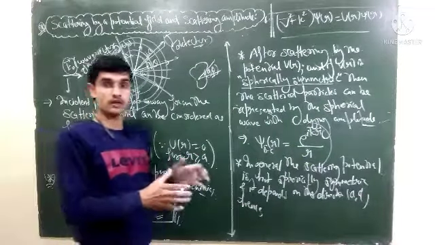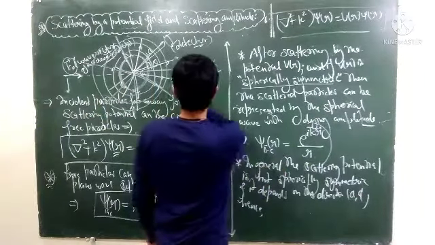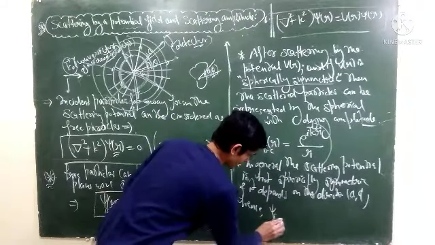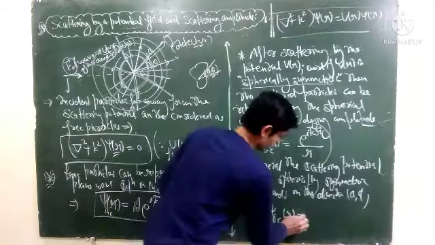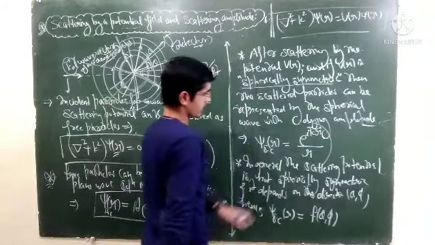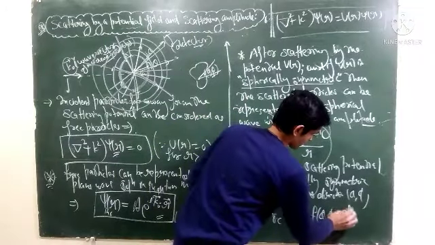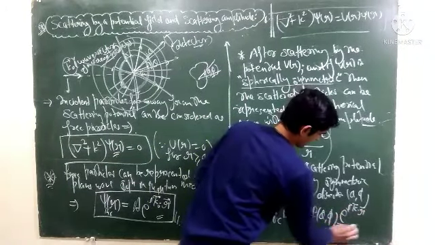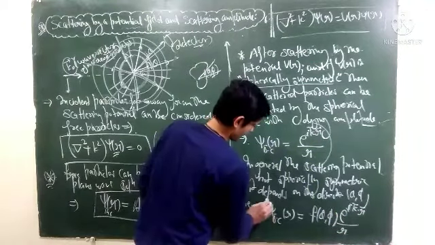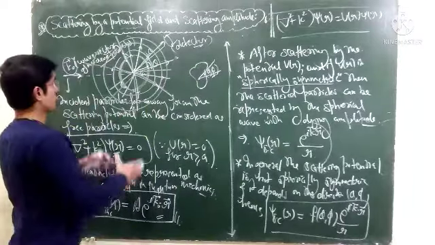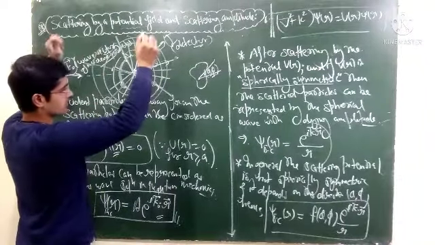Hence we have to include one function which is just a function of theta and phi in this particular scattered wave, right? So we have to write this scattered wave as some function of theta and phi times e to the power i k vector dot r vector over r, and this is the wave function for the scattered particle.